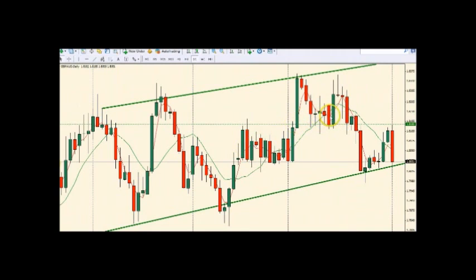But this didn't just happen. This actually gradually evolved by way of how these waves started to transform themselves, okay?